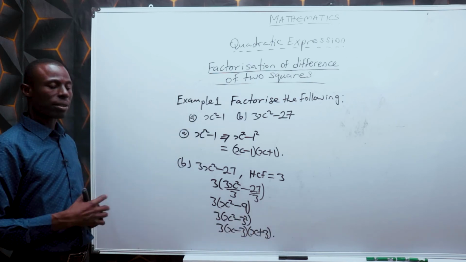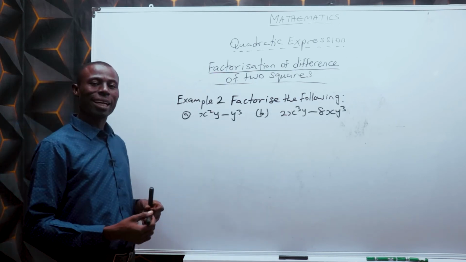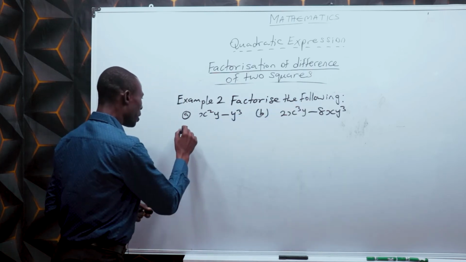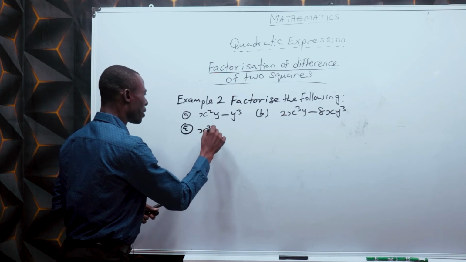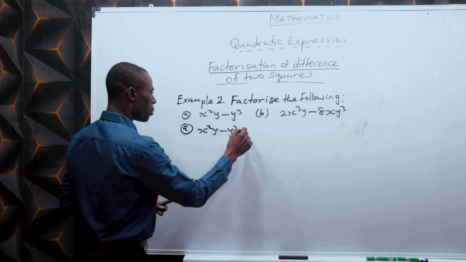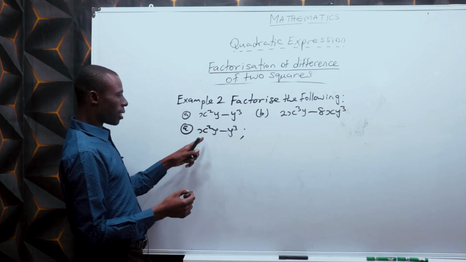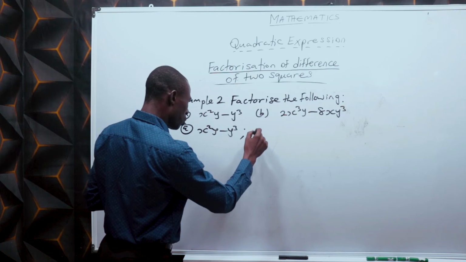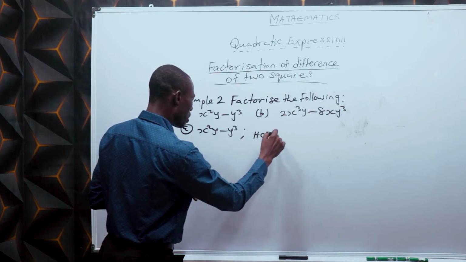We have factorized it. Yeah, let's consider example 2. Factorize the following. A: x squared y minus y cubed. Looking at this, you see that something is common to the two terms. And what is that? It is y. HCF is y.